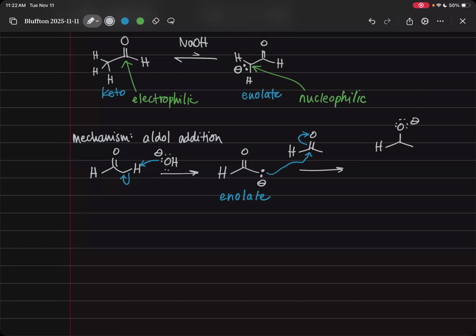Okay, so what I've drawn so far is what used to be the aldehyde. And then we're going to connect the enolate there. And so it's going to look like that.